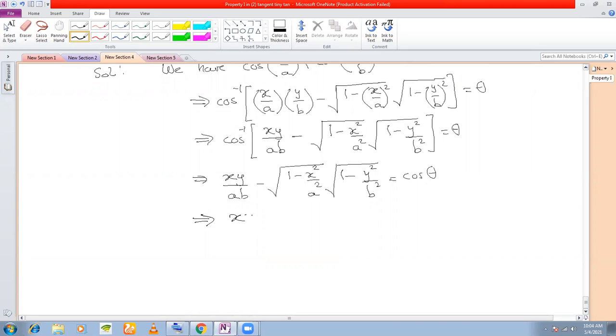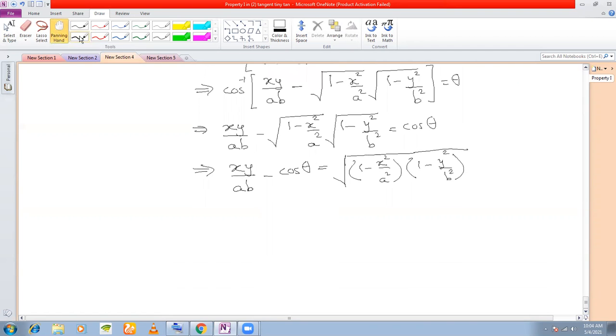So you get xy by ab and you bring cos theta on the left hand side. xy by ab minus cos theta is equal to square root of, you can also write this under a single radical, since this is a product of two radicals of the same order. You can write this as 1 minus x square by a square into 1 minus y square by b square.